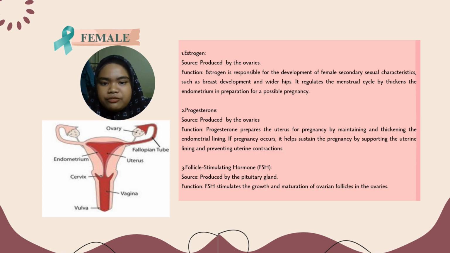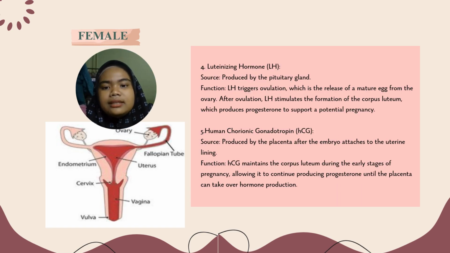And the third one is follicle stimulating hormone or FSH, produced by the pituitary gland. FSH stimulates the growth and maturation of ovarian follicle in the ovary. The another hormone of female is luteinizing hormone or LH, produced by the pituitary gland.